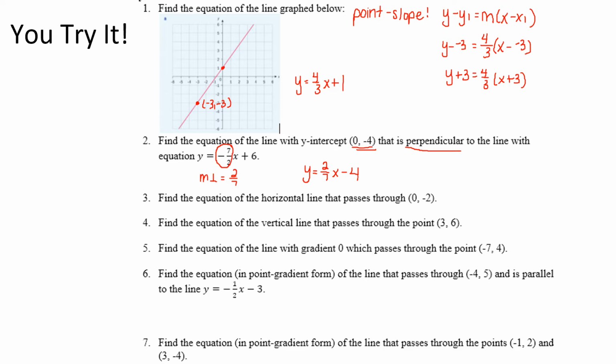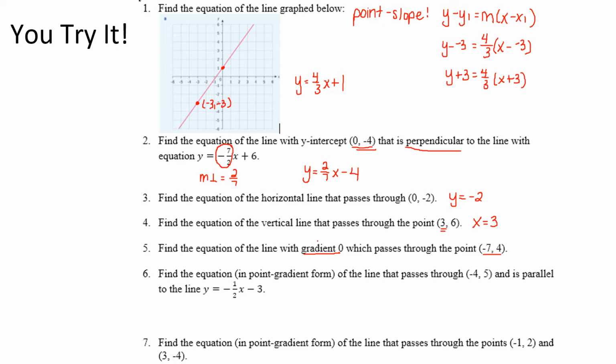Number 3 tells me to do an equation of a horizontal line that passes through (0, -2). A horizontal line is just y equals the number. Number 4 says to find the equation of a vertical line. For vertical lines, we put x equals, and all we care about is what this x value is. So x = 3. Number 5: find the equation of a line with a gradient of 0, so slope of 0, and it passes through the point (-7, 4).